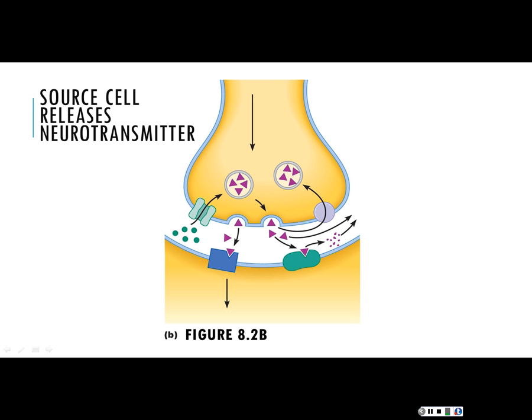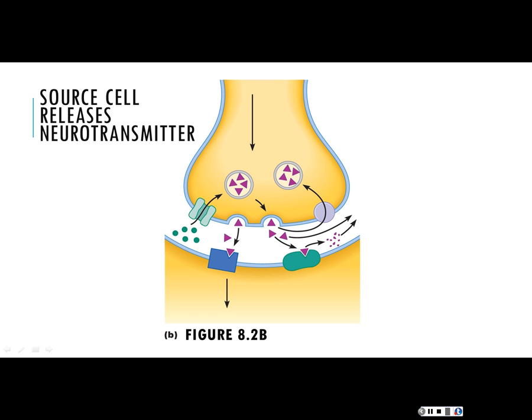And the postsynaptic cell is just a very specific name for the target that has the specific receptor. So we can label the presynaptic cell, and we can label the postsynaptic cell as well. In this image, the presynaptic cell is the one on the top. The postsynaptic cell is the one on the bottom.